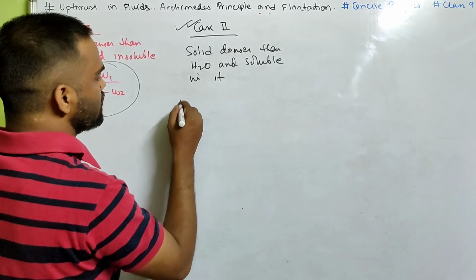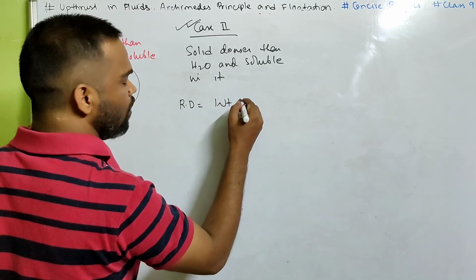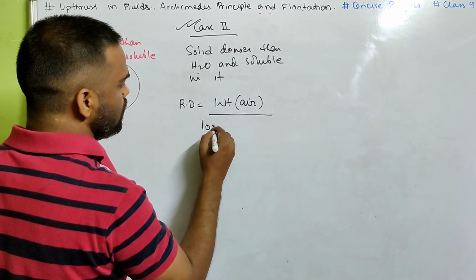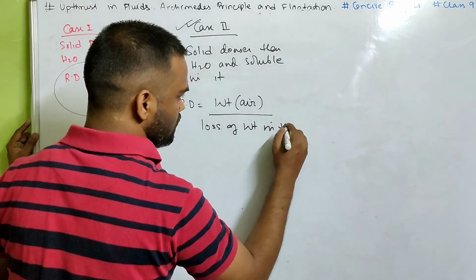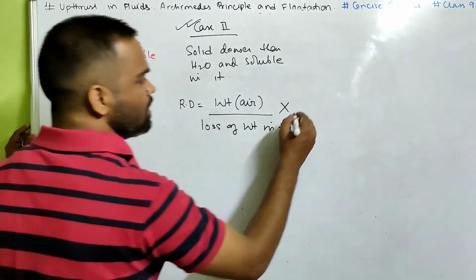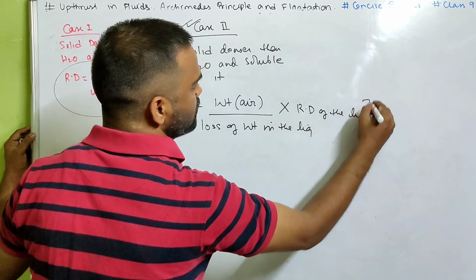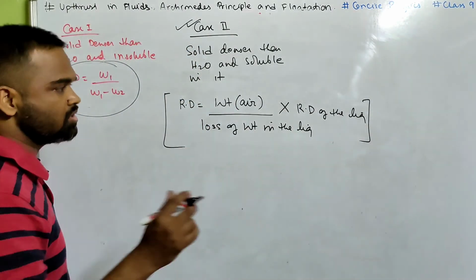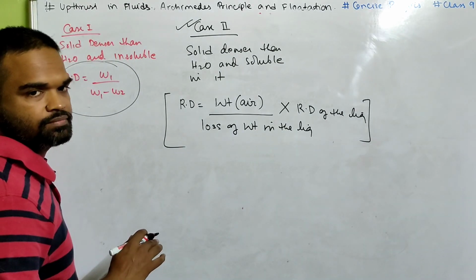Then relative density is equal to weight of the solid in air by loss of weight in the liquid, multiplied by relative density of the liquid. Done. Remember this. This is when the solid is soluble in water.